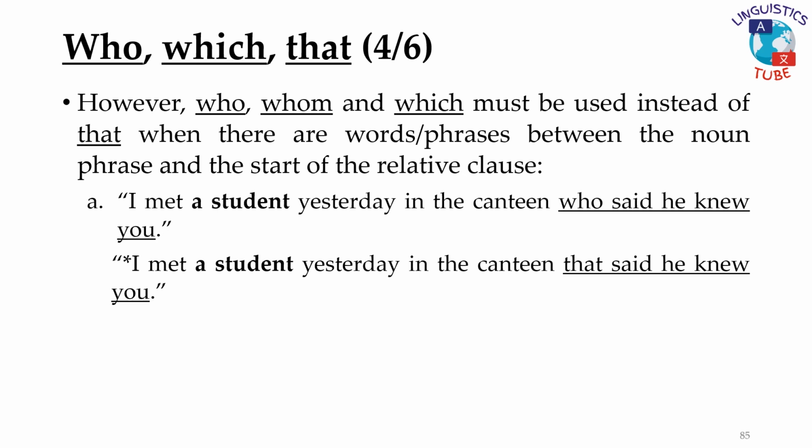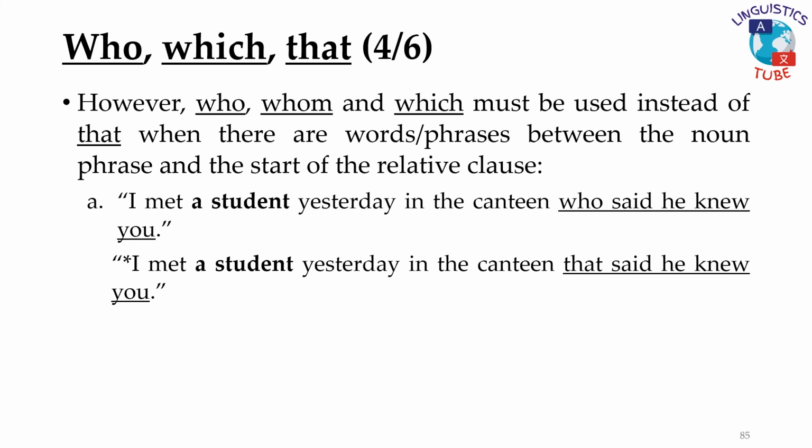And secondly, in the specific situation when there are words or phrases between the noun phrase and the start of the relative clause. This is an unusual situation, which we haven't seen so far in this episode, but it is possible and perfectly grammatical. Here is an example.